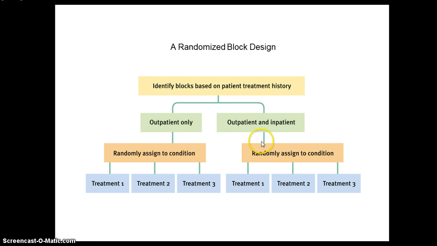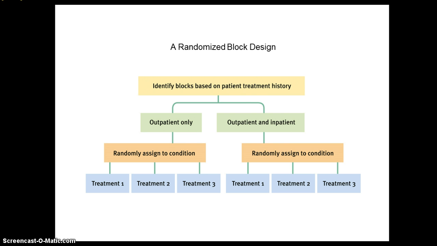And then we have individuals who've had both outpatient and inpatient treatment for a particular disorder. So that would be our second block, because we would expect perhaps that the severity of whatever disorder they're dealing with, if they have to have inpatient treatment, is higher. And so we might expect that treatments would function differently depending upon whether somebody is in an outpatient group or they're in an inpatient group.